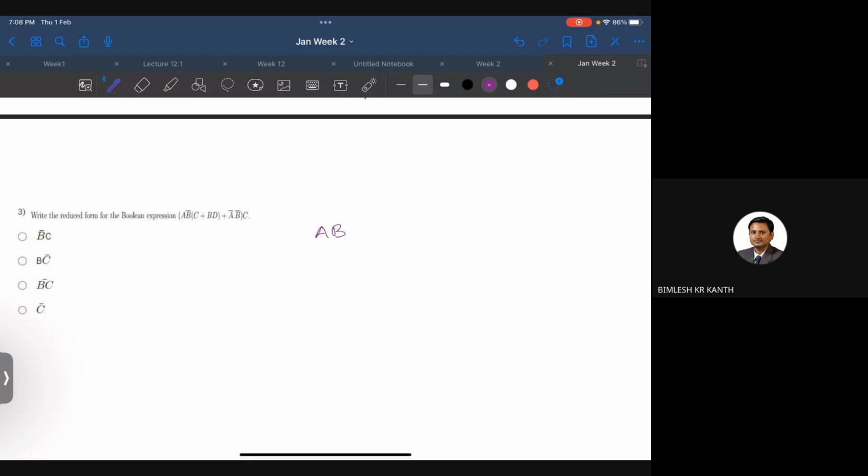The expression is (a b bar c plus bd plus a bar b bar) times c. First it will be a bar a b bar c plus a b bar b d, and this will be a bar b bar c. Now you can see that b dot b bar will be 0.